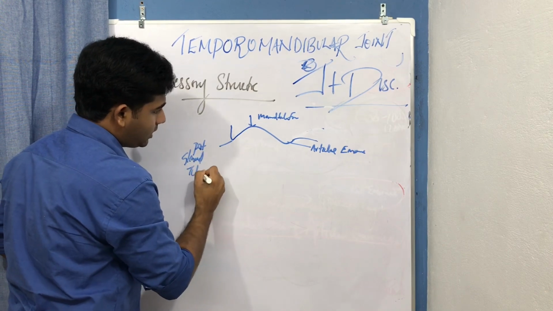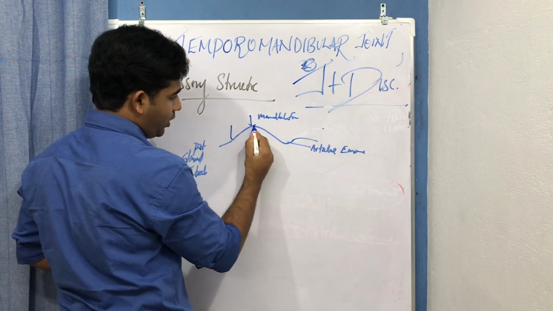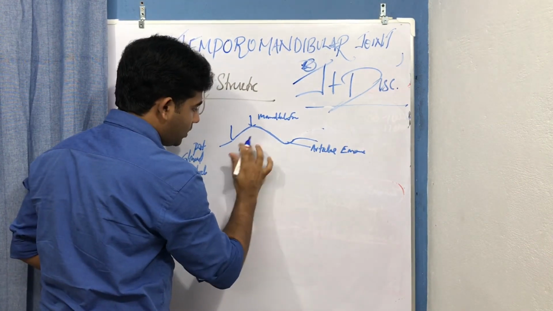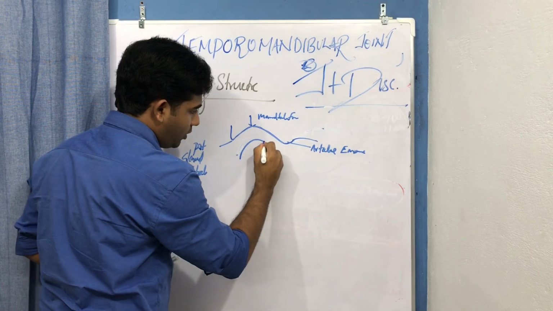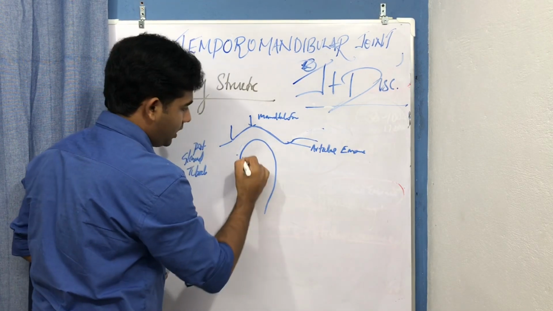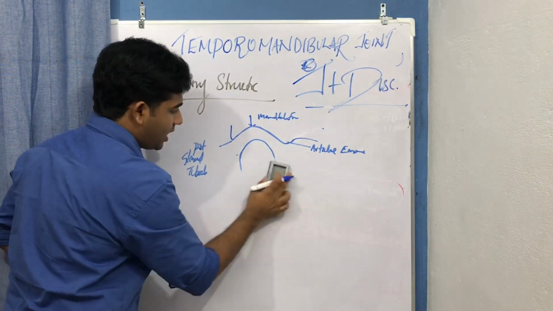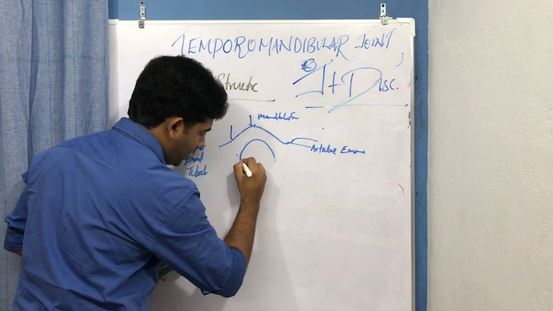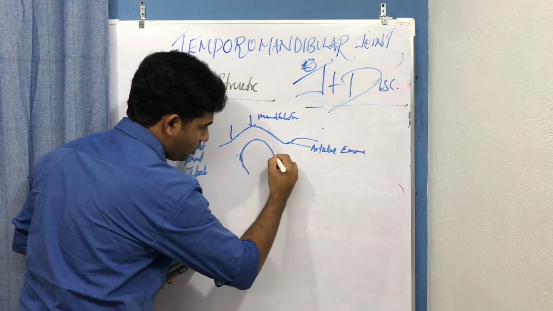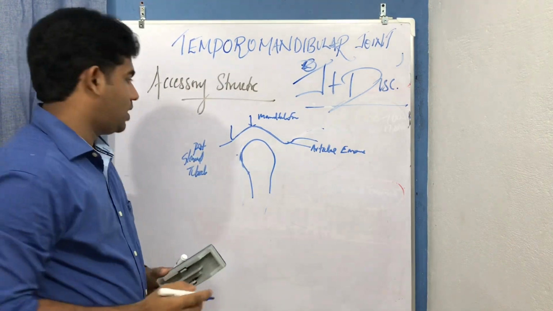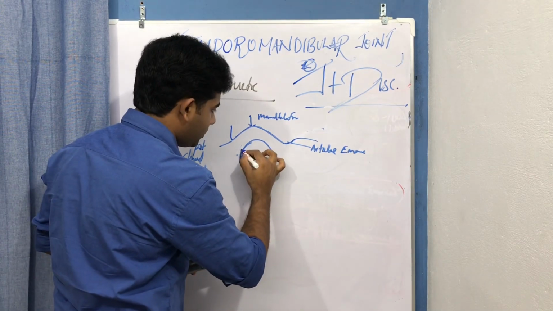The mandibular fossa stretches out between these structures, and you have your mandibular condyle. More correctly, if you draw the neck, it's a constricted portion. You have the mandibular condyle like this.